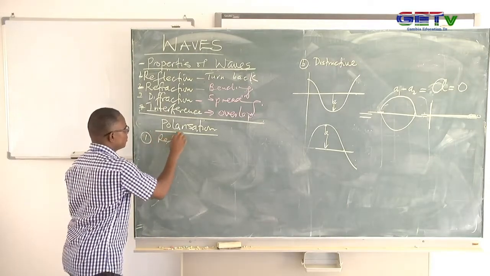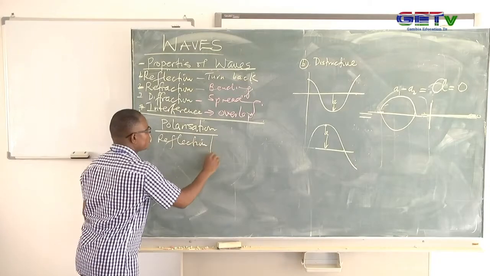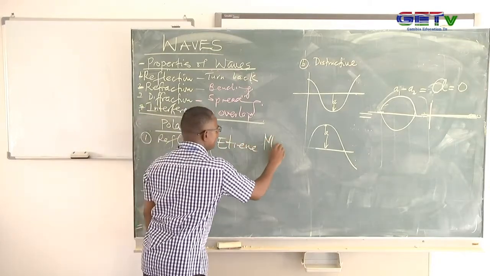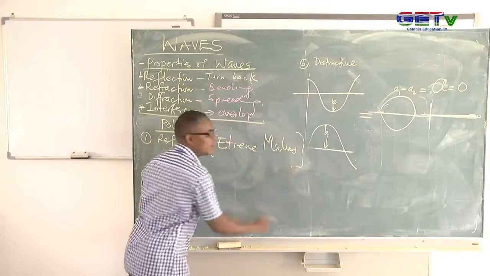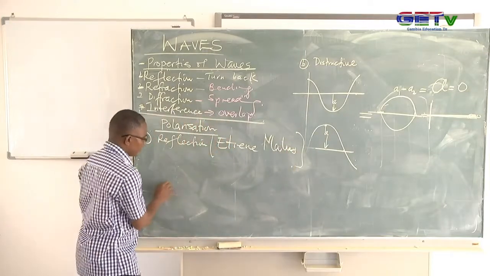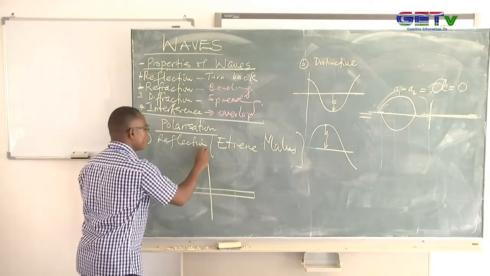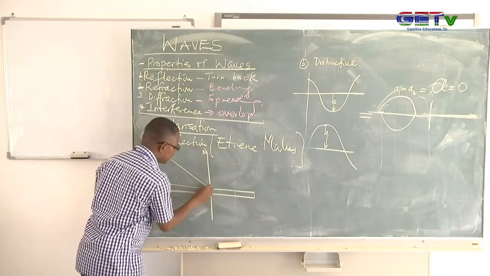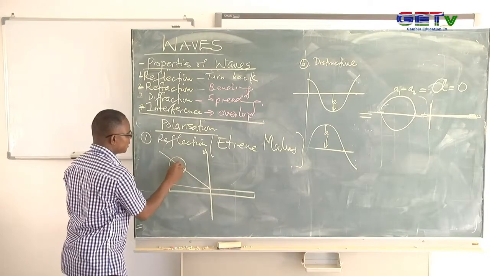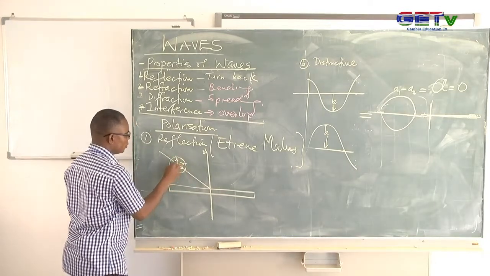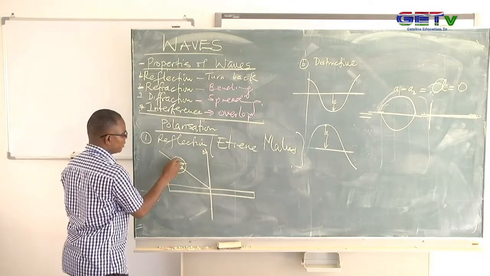This experiment was conducted by Etienne Malus, the scientist that did this for us. He said that if I have a plane surface, and this is the normal, and I make an unpolarized light incident, that is a light that is moving in different planes. This light is ordinary light, vibrating in different planes.